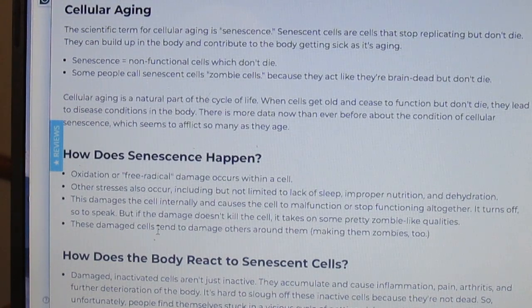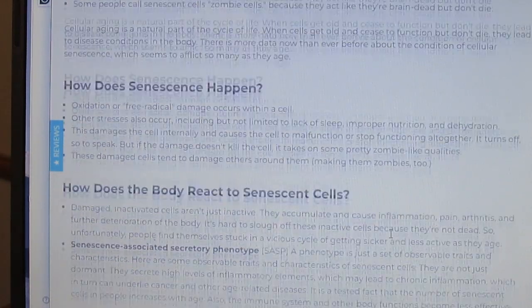But if that damage doesn't kill the cell and the cell is still alive, it becomes this zombie-like senescence cell. And these damaged cells tend to damage others around them, making them zombies too, quote unquote.